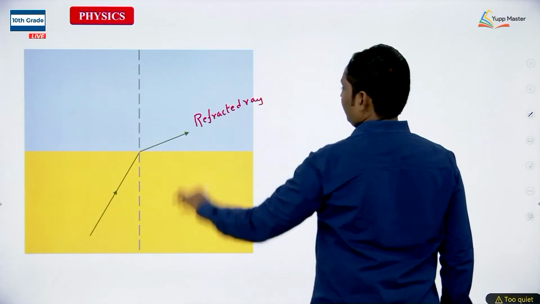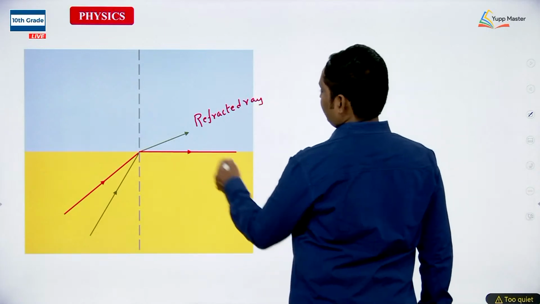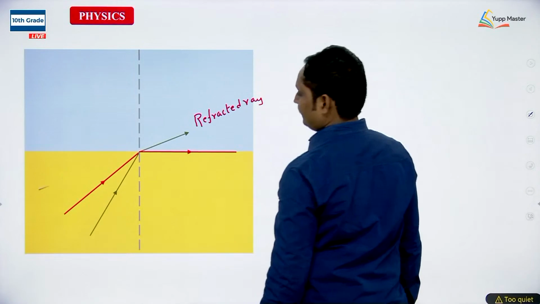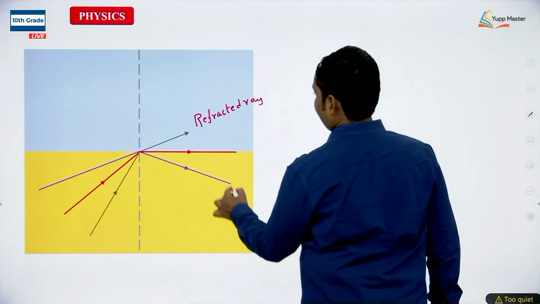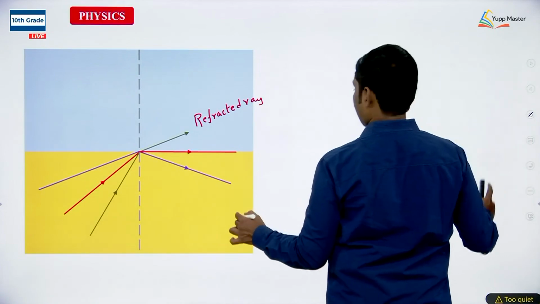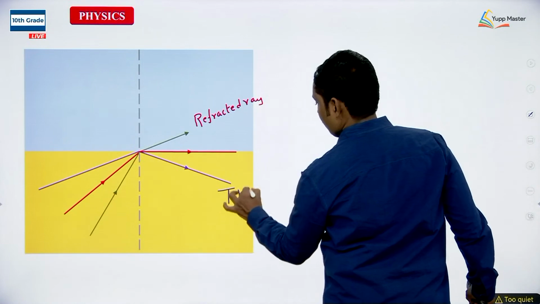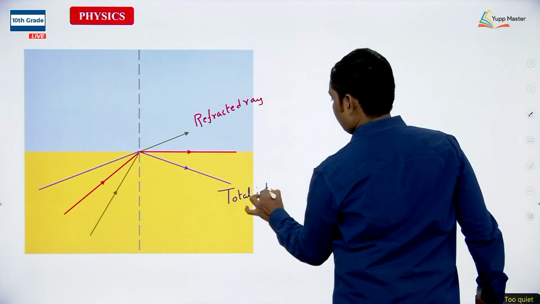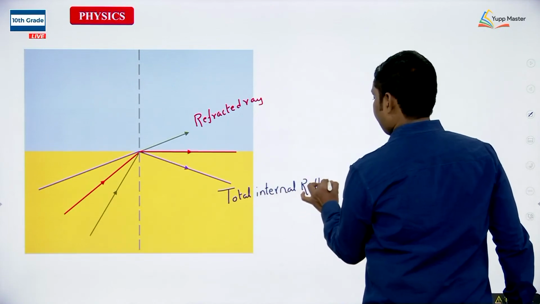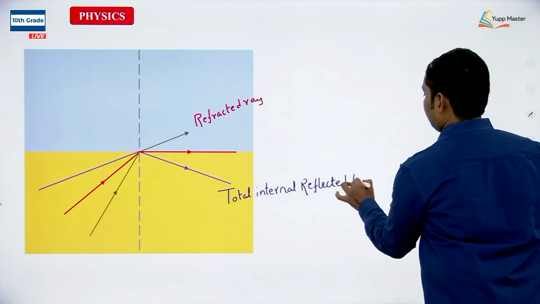All right. Now, if we take that, it has been refracted through the boundary at 90 degrees. Very good. It is a reflected ray. This is a total internal reflected light ray.